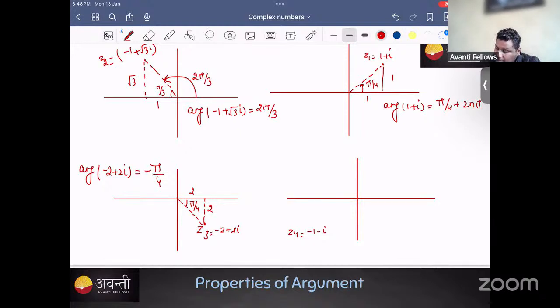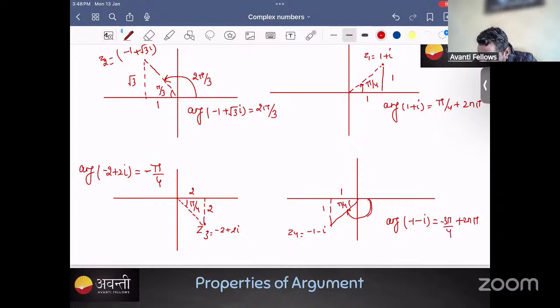All right. Now the complex number is here. This is 1, this is 1, so this angle is pi by 4, but the argument will be this angle. So the argument of minus 1 minus iota is, sorry, not pi by 4, that is minus 3 pi by 4.